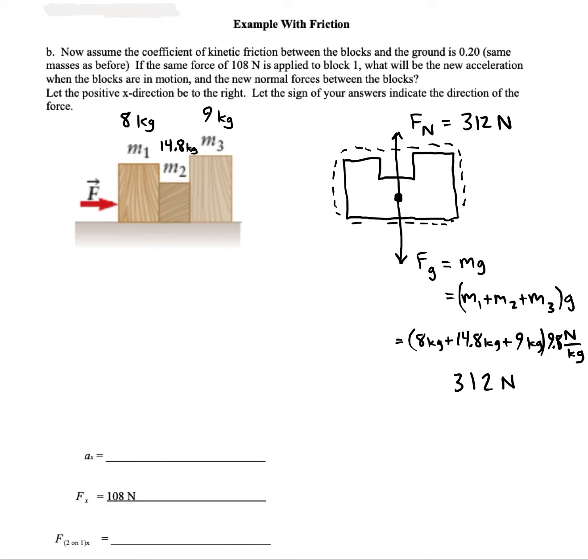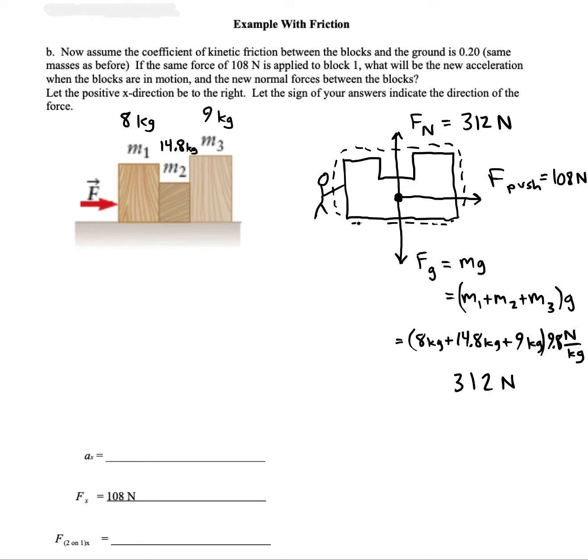Now, we want to throw in the push as well, which we know is 108 newtons. And this time there's going to be one more force. It's going to be a force which resists motion, and that is the force of kinetic friction.